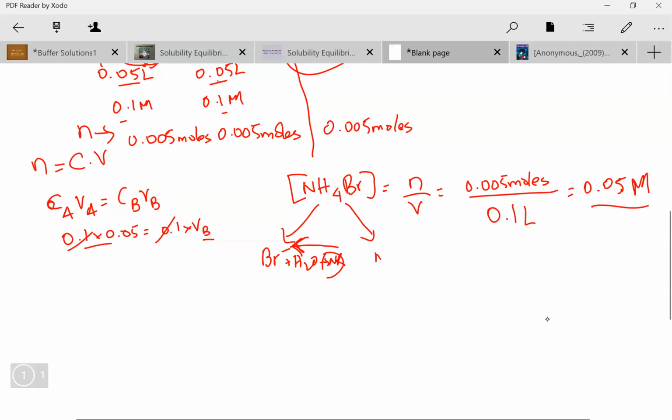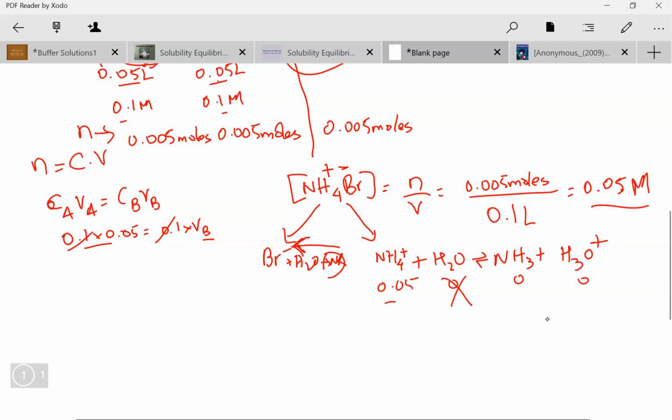But NH4 plus, this is going to split the salt into its ions, NH4 plus and Br minus, does react with water in a substantial quantity to give me ammonia and water. So I start with 0.05, water's gone, 0 minus x, 0. And this is exactly continuing where we left off in question 1.